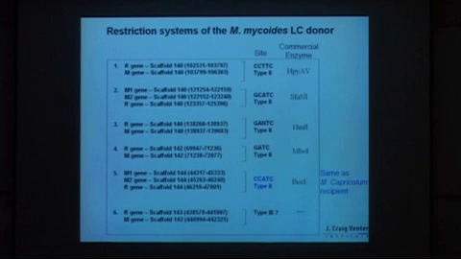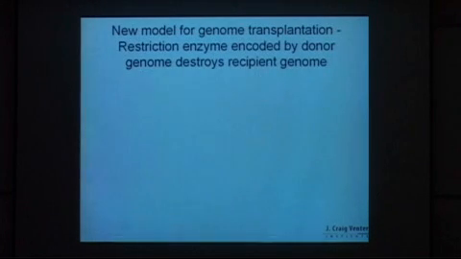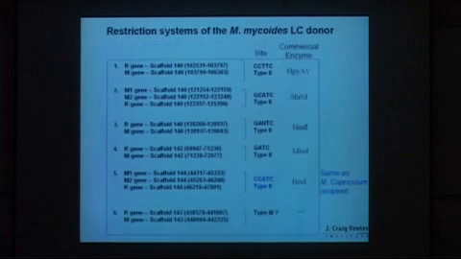Richard Roberts predicted those specificities from sequence, and we confirmed those by cutting DNA with commercially available enzymes that have the same specificities. And one of the restriction systems is shared between capricolum and mycoides.